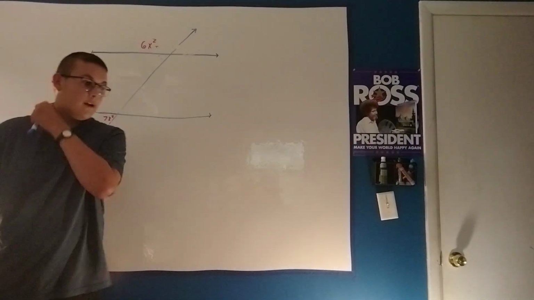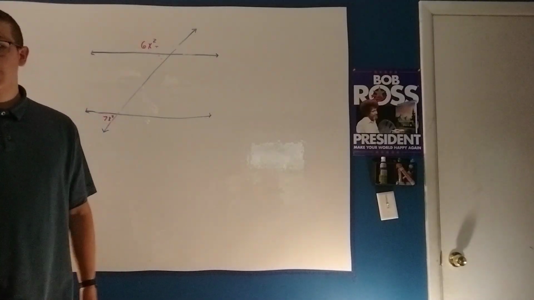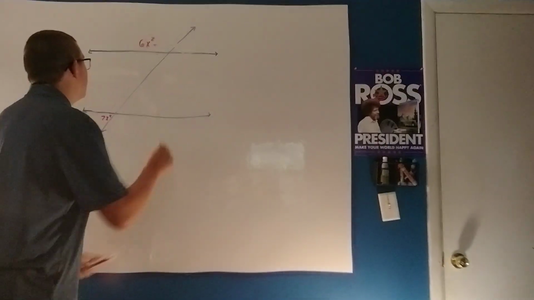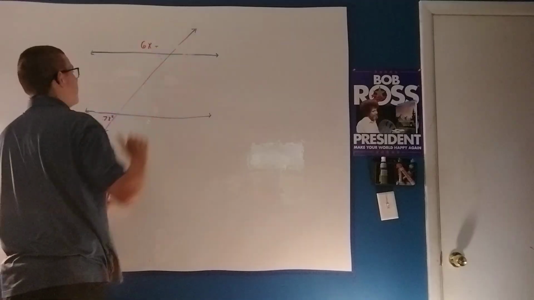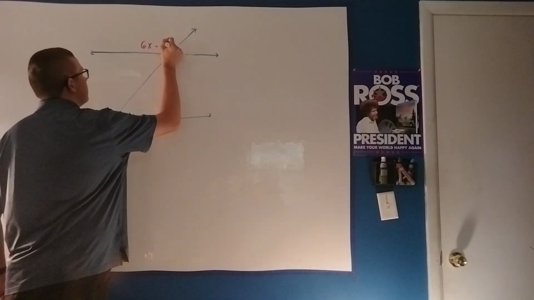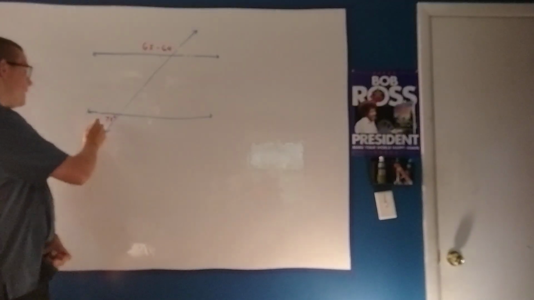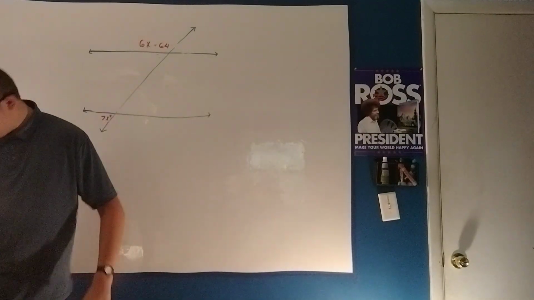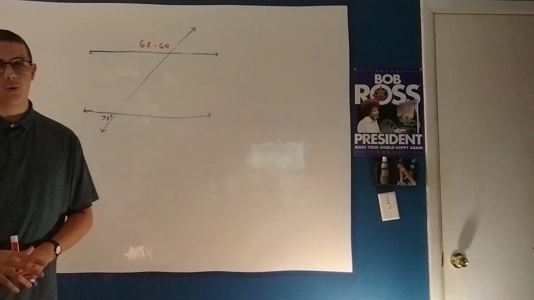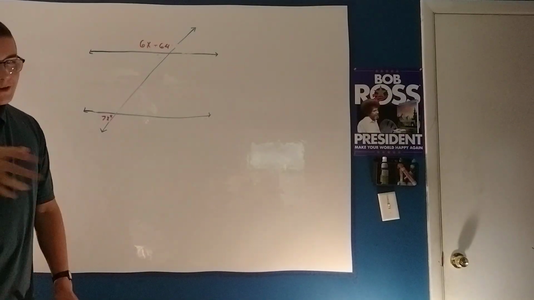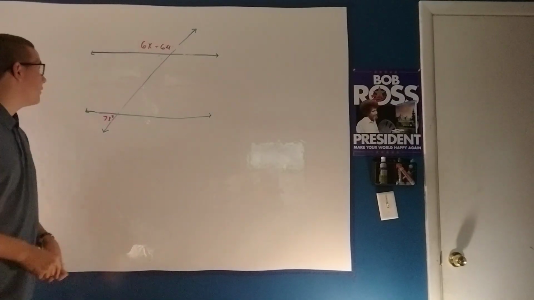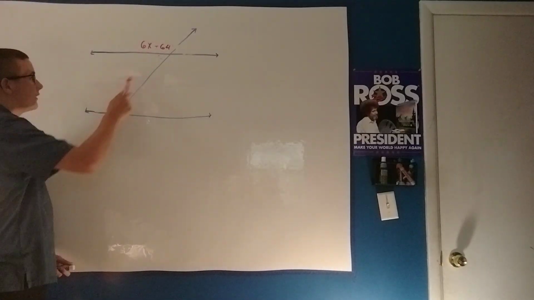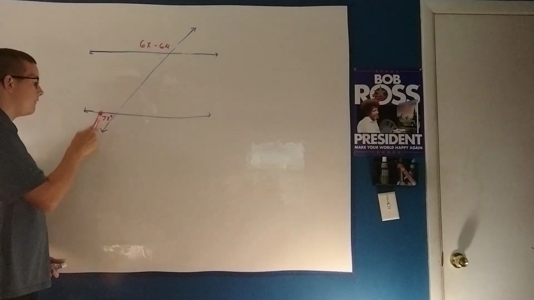No, I have not. I have terrible handwriting and terrible notes. This is just 6x minus 64, and then this is 7x squared. Again, I apologize, I had a small space in the corner of the page. I was trying to write small, and I wrote too small.